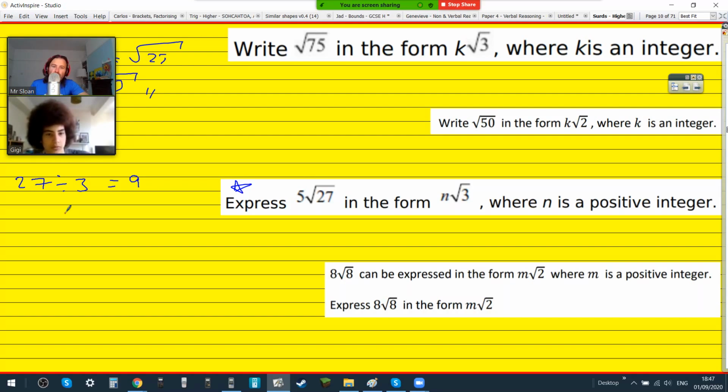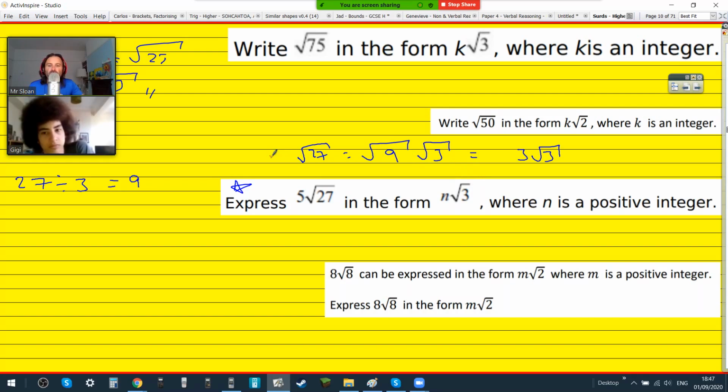So how else could you write root 27? I'm not really sure. You could write it as root 9 root 3. Root 9 root 3. All right. So it'll be 3 root 3. So that is 3 root 3.